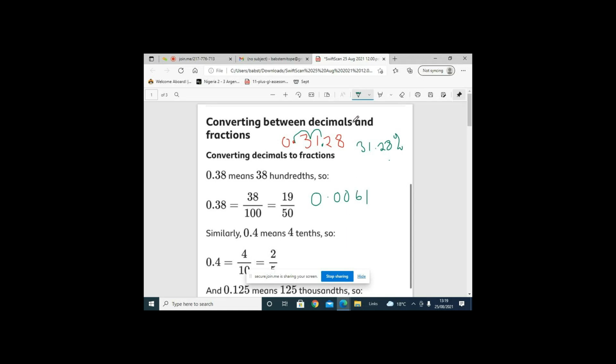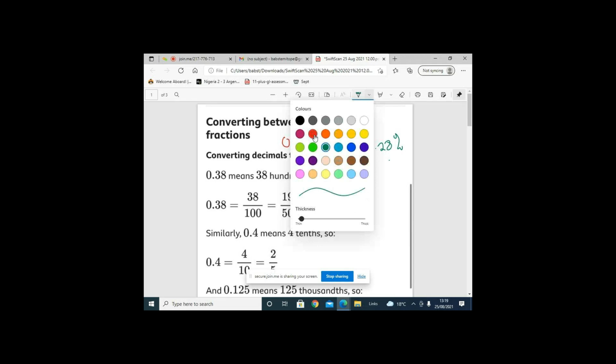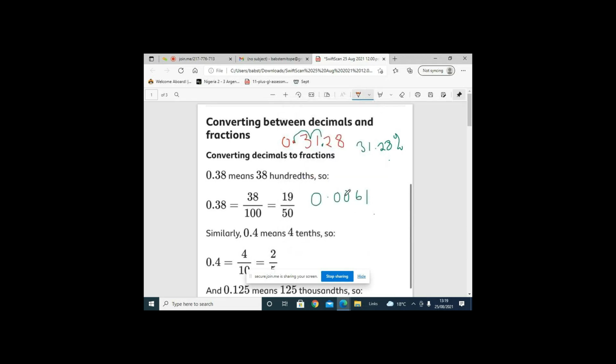Yes, well done. So you move it twice, 1, 2, and it stops there. The decimal stops before the 6. So it's going to be 0.61%. That's how to convert from decimals to percentages.